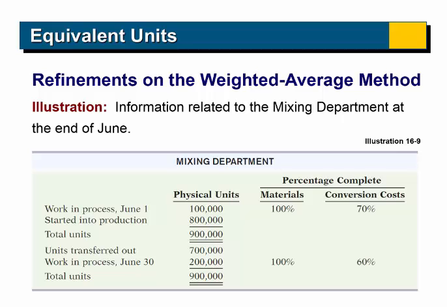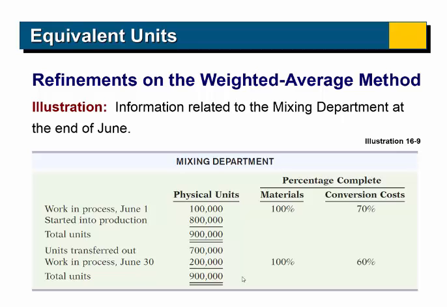All right, so if we add those two numbers together, it does in fact check off the 900,000. So we had 900,000 to account for, and we've got 900,000 accounted for, okay? But notice that 700,000 is what is transferred out, while 200,000 are still here.